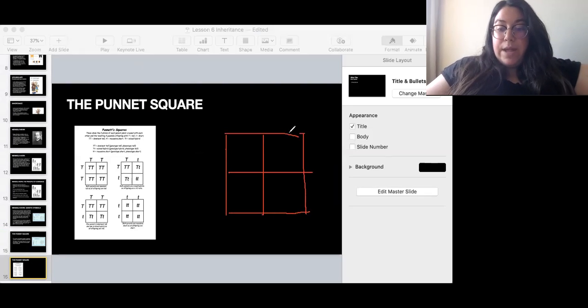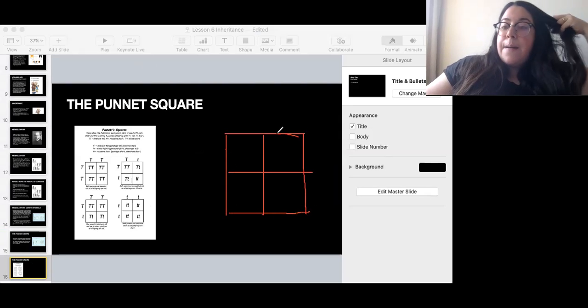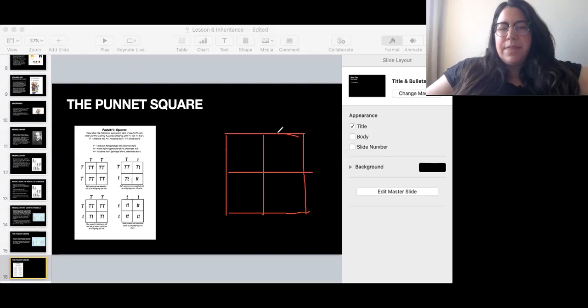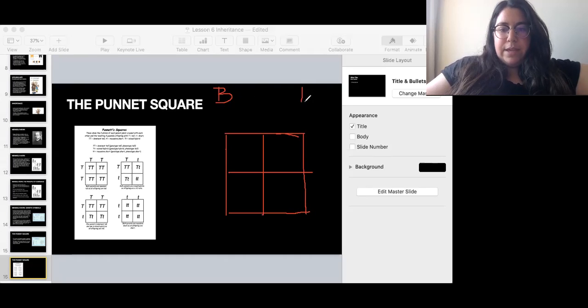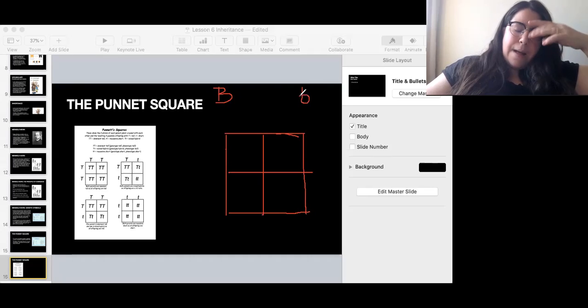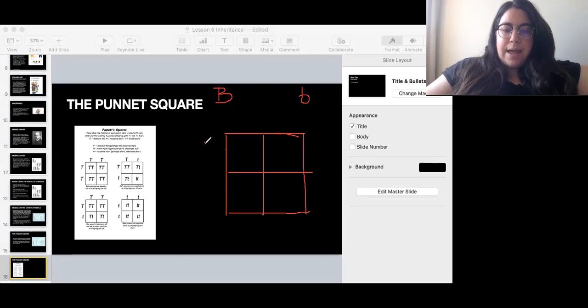Okay, so let's say we have two plants, or wait, no, not plants, people. You have a mom that has blue eyes and a dad that has brown eyes. Capital B is going to be brown eyes, and lowercase b is going to be blue eyes.